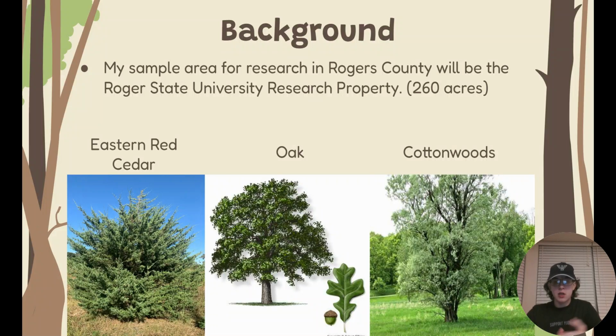We have eastern red cedar, Juniperus virginiana. You have oak, you have cottonwoods. For oak, the most common to see is potentially post oak, otherwise known as white oak, or blackjack oak, also known as red oak. Quercus stellata, Quercus marylandica.